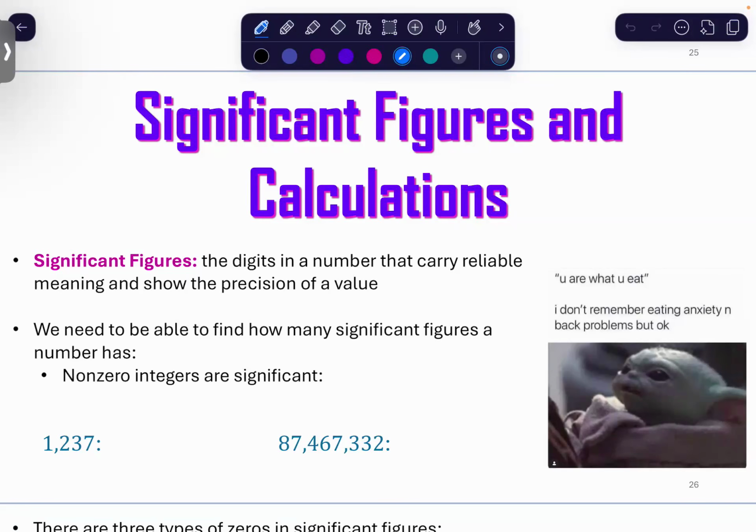So there's a couple of rules for deciding how many significant figures a number has. So, of course, any non-zero integer is significant. So if you look at this first one, 1,237, you count 1, 2, 3, 4.